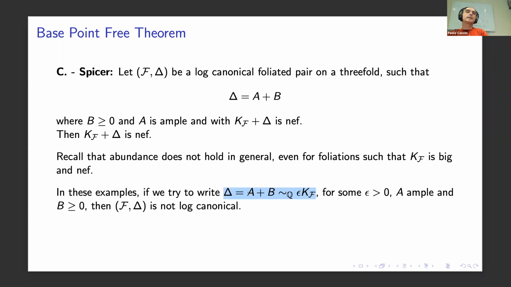But if we write delta as A plus B equivalent to epsilon K_F, what is going to follow is that even if epsilon is small, (F, delta) is not going to be log canonical, which is very different from what happens for varieties. If you start with a variety which is log canonical and choose epsilon small enough, the perturbation is still going to be log canonical. This is not true for foliations, because it's very possible that B contains invariant divisors, and this makes a huge difference. So I'm not contradicting myself. I still think that abundance fails for K_F big and nef, but nevertheless it's true if you add something which satisfies this property.